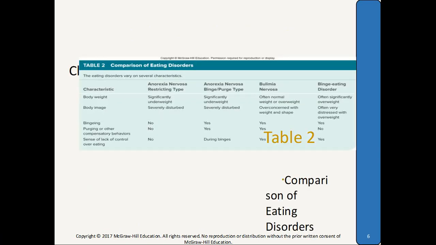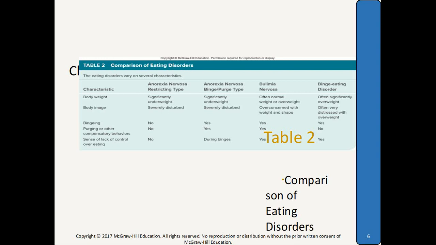If you take a look at Table 2 on page 336, you'll see the three eating disorders. Of course, here anorexia is broken down into the two different types of anorexic disorders, and then bulimia and binge eating. And you'll see the difference amongst these disorders along certain characteristics. So, for instance, body weight.